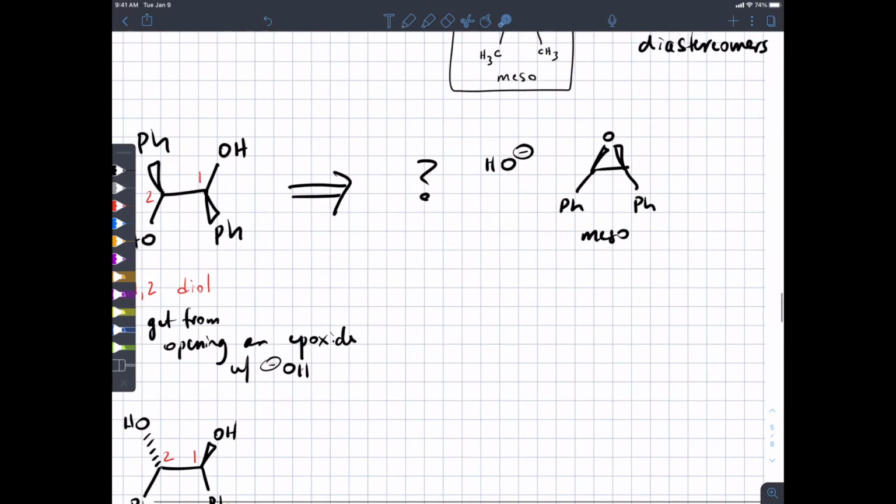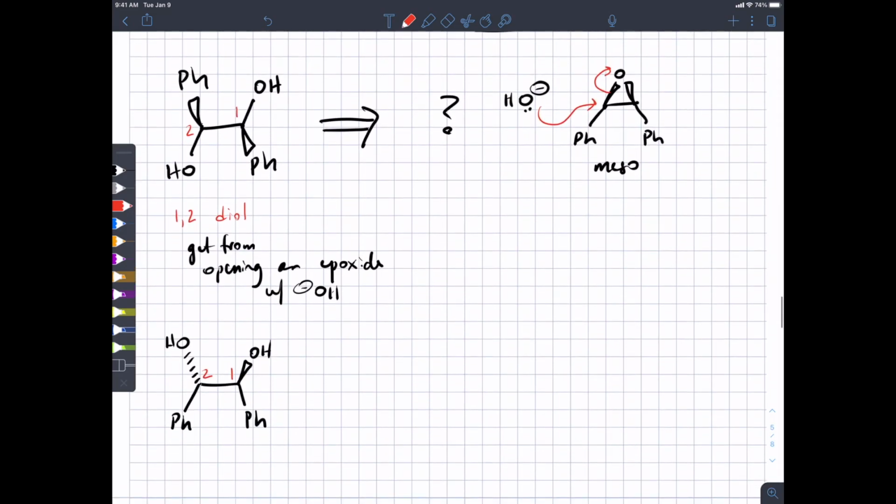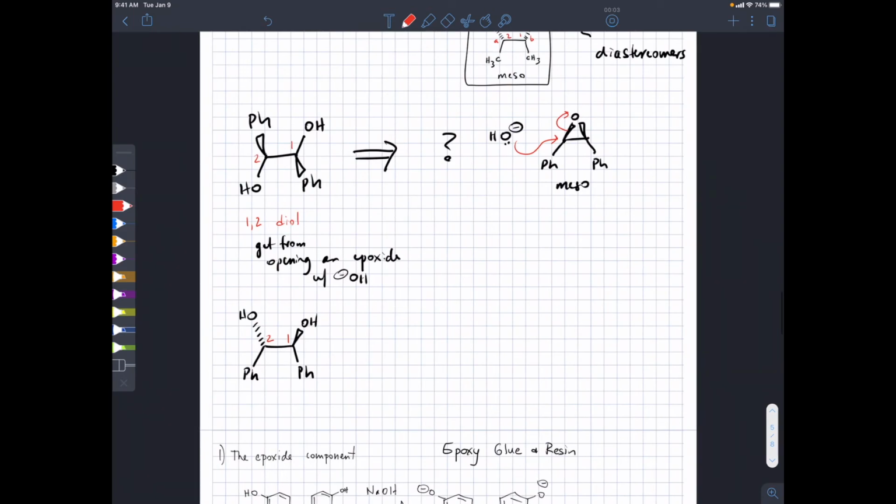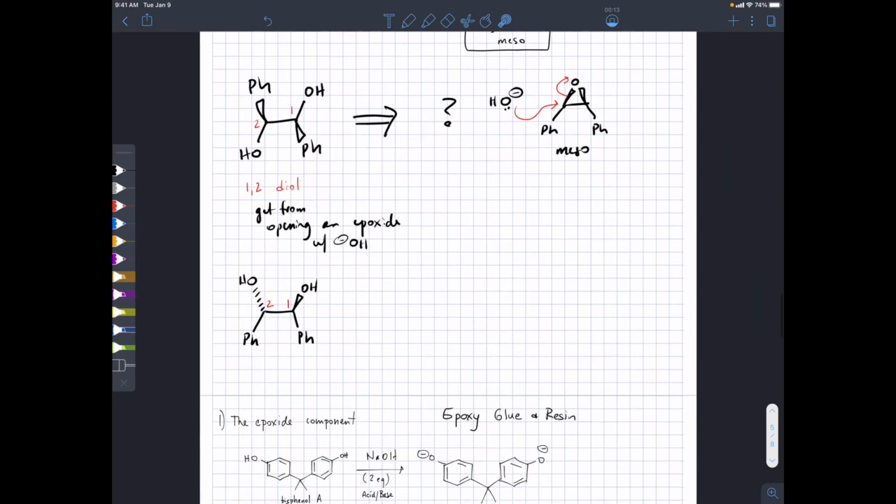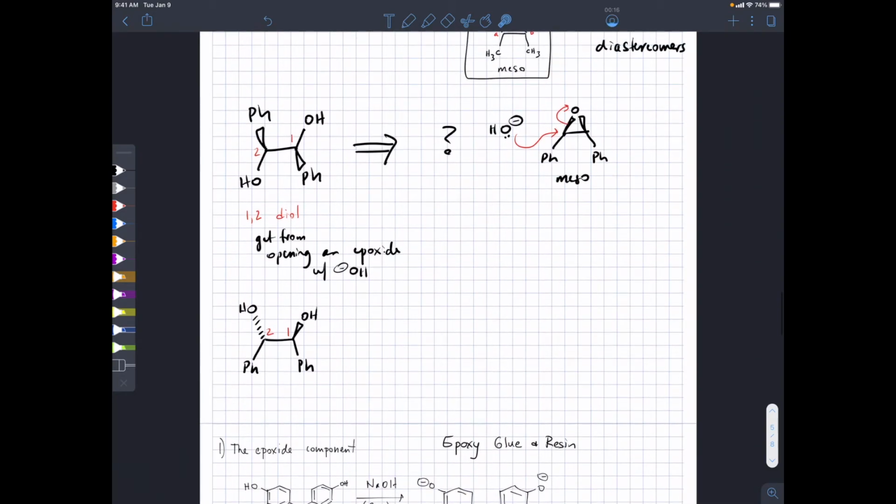If we have the OH group come in from underneath and the O minus group leave, do we get this stereochemistry? Yeah, looks pretty good. So you need to be able to think through all the stereochemical issues of this reaction forward and backwards. And that's going to take some practice.